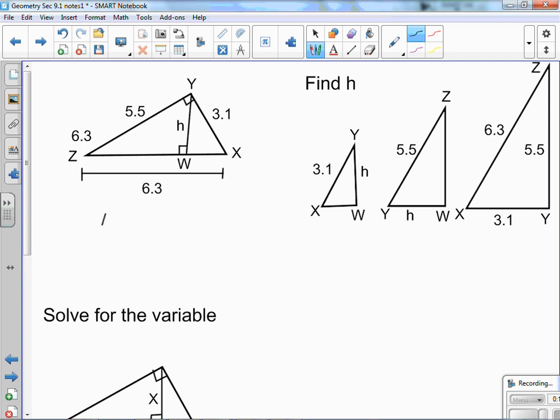So the H on the little one is going to go with the 5.5 in the big triangle. And that's going to go along with 3.1 in the small triangle over 6.3 for the bigger triangle.